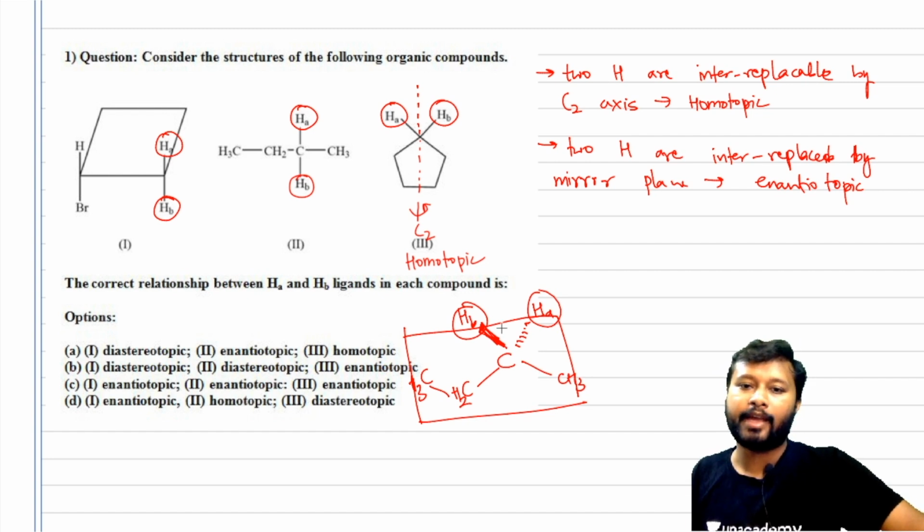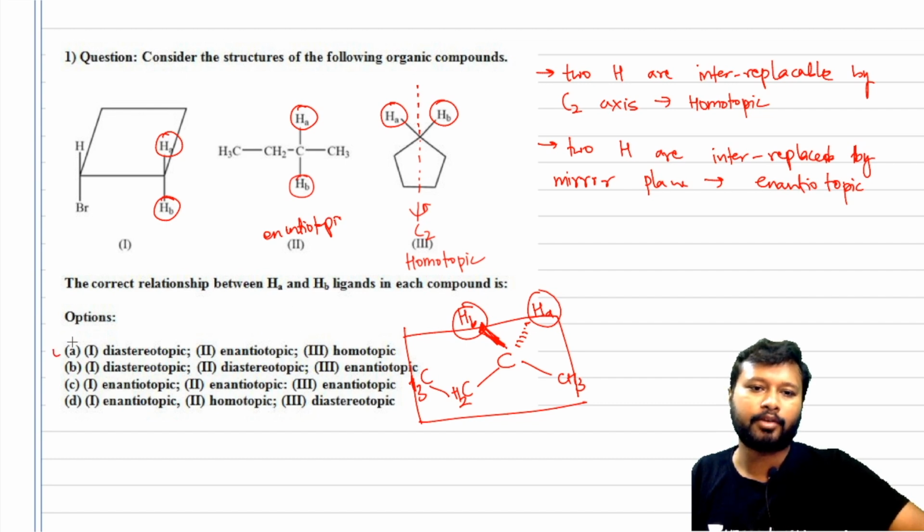But you cannot apply an axis, because if you apply an axis, this ethyl group will go on the other side, and this methyl substituent will go on the other side. So that's not a proper rotation, whereas the earlier molecule was symmetric, that's why it was possible. So here a mirror plane is possible, that's why it is enantiotopic. This is homotopic, this is enantiotopic. You got your answer. The answer is option number A.